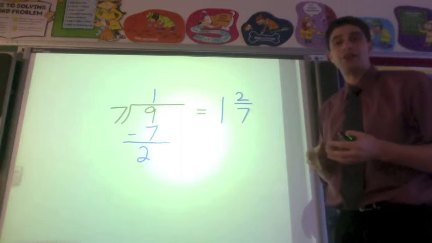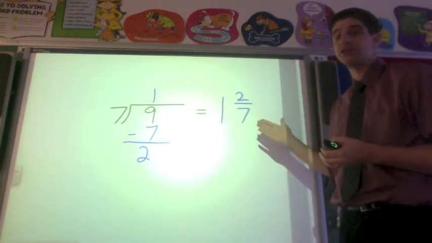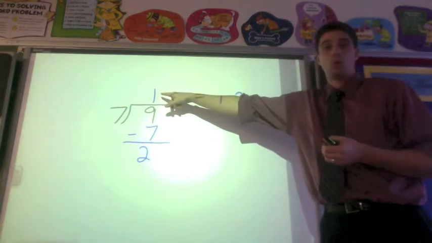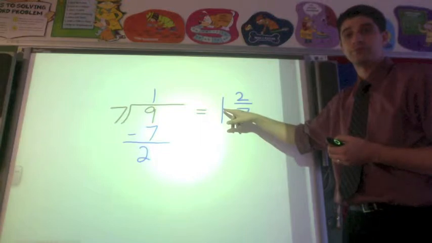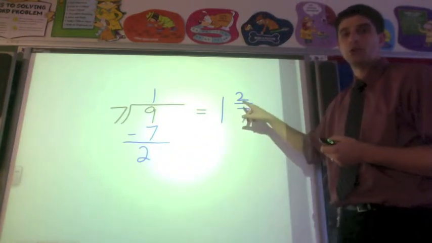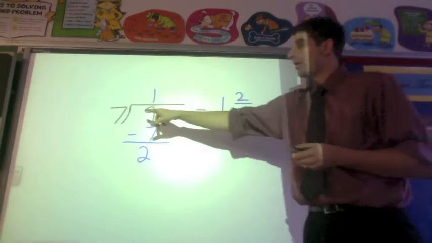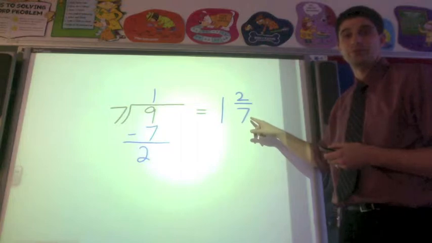Here's my final answer, my simplified answer. 1 2/7. Our quotient 1 becomes our whole number. Our remainder 2 becomes our numerator. And my divisor 7 is our denominator.